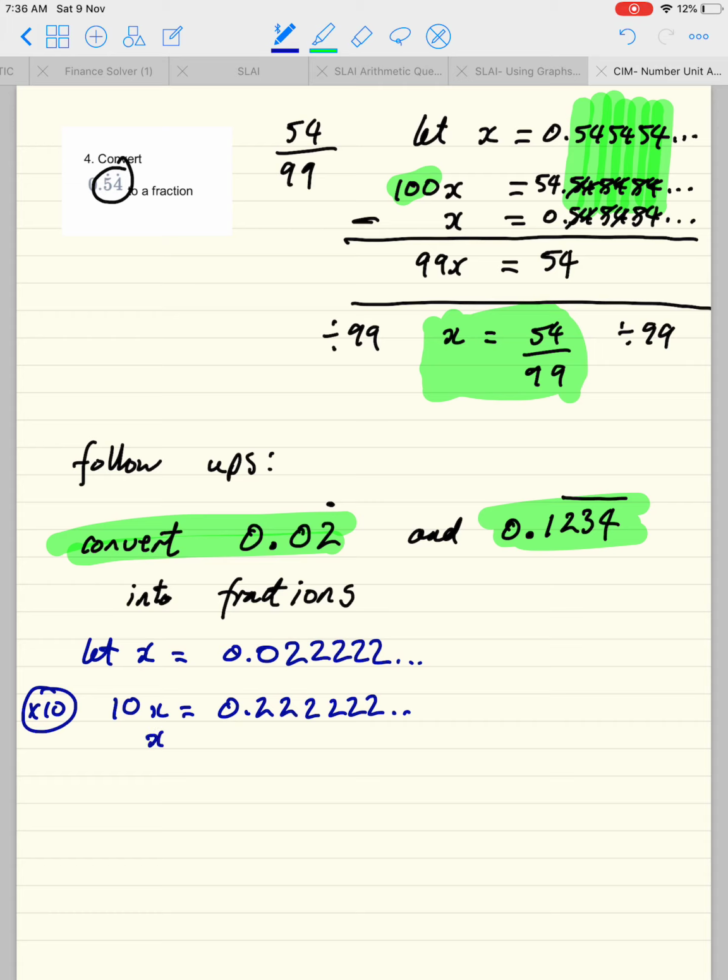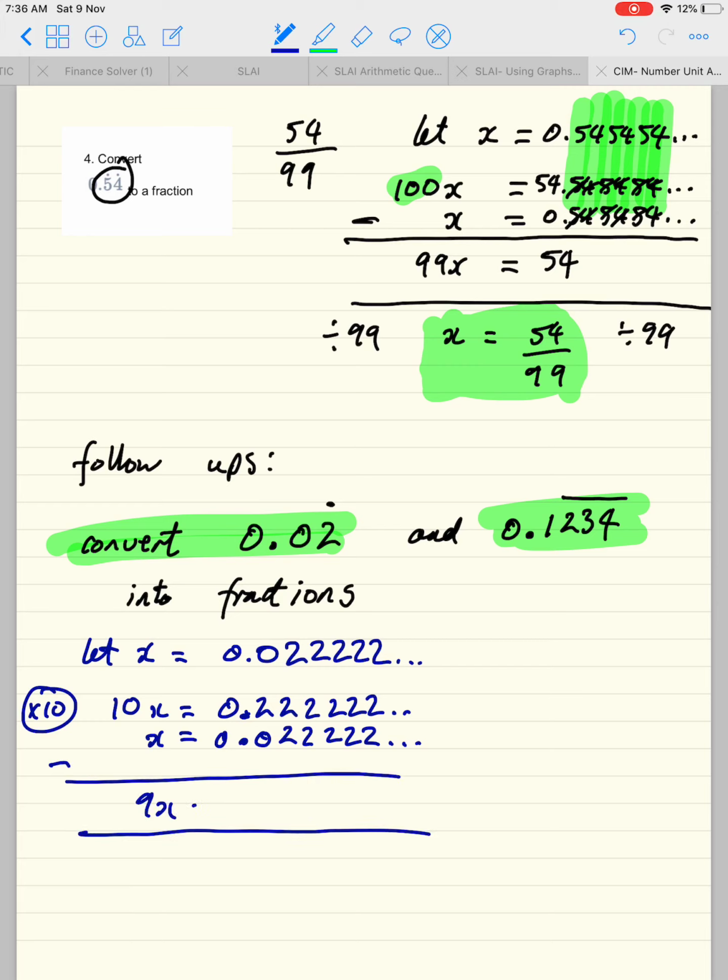Then rewrite the old x equals. Try to line things up directly underneath each other, the decimal point directly. And then subtract. I've got 9x is equal to, well, 0.2, because I can see that all of these 2's cancel out. So divide by 9.